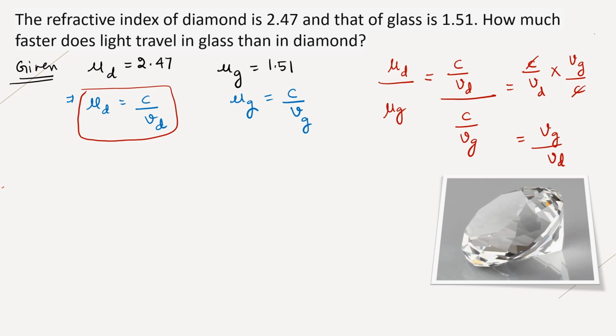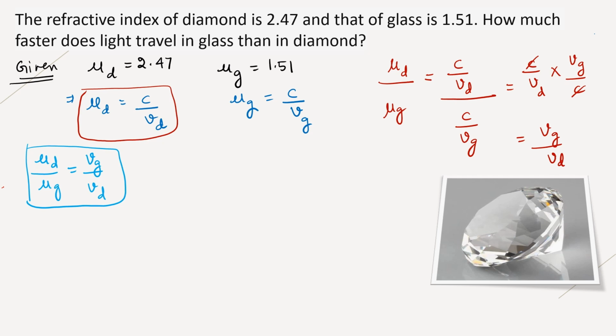So again, let me write the result here. The result we got is mu D by mu G is equal to Vg by Vd. Now one important thing you have to observe here, this is very, very important, will help you to solve other questions, not this but other questions.